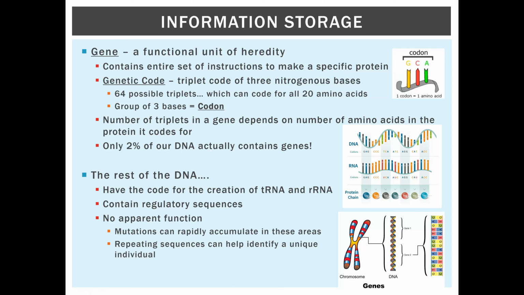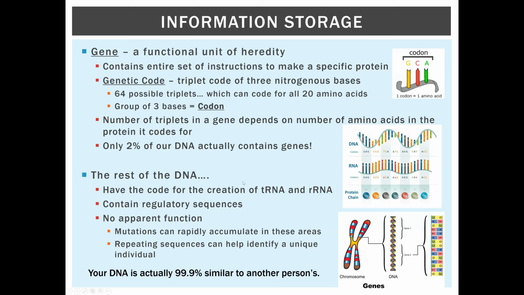And then there are some areas that have no apparent function. Mutations can rapidly accumulate in these areas, and repeating sequences found in these areas can actually help identify a unique individual. These are the areas they use with DNA fingerprinting when they're trying to identify a suspect who might have committed a crime.